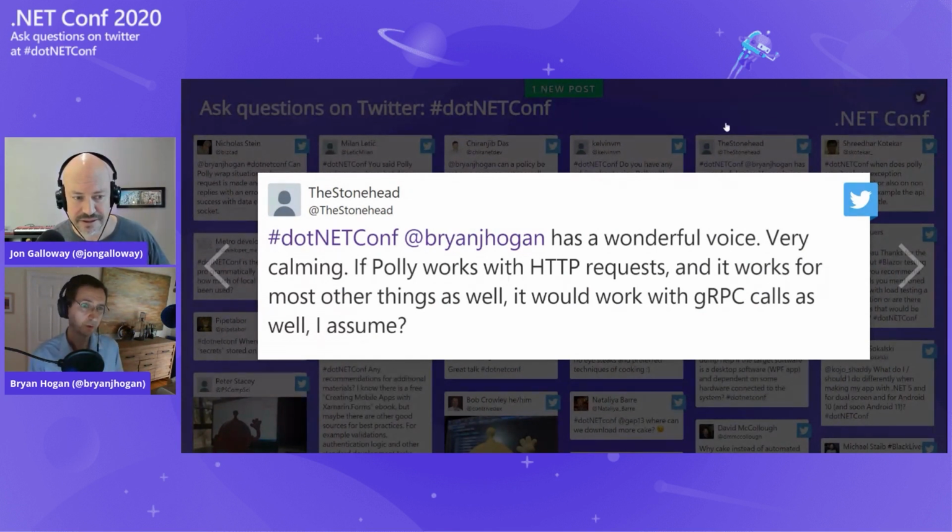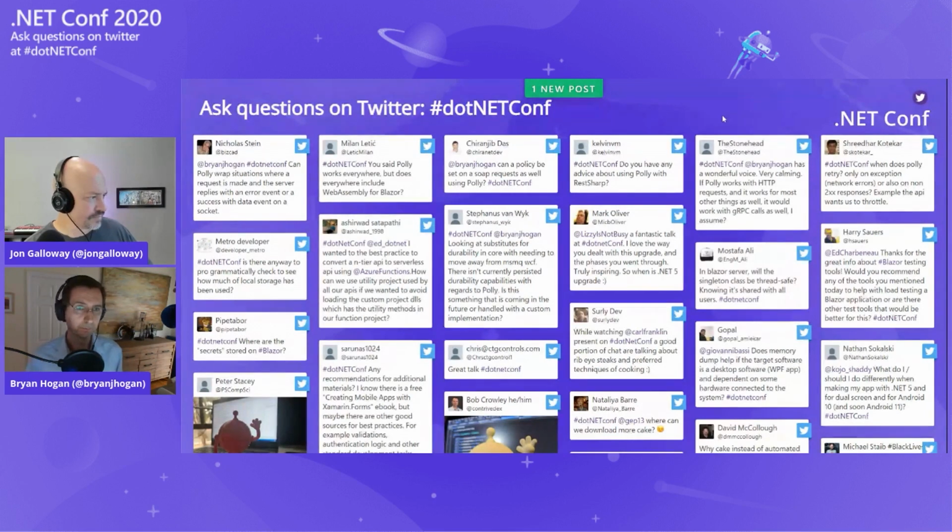Any method you can call, a Polly policy can be used to execute it. So a simple method that returns a string, a complicated method that calls out to a database, HTTP client, pretty much anything. I've tended to focus in my work on the HTTP side, but it works on anything.